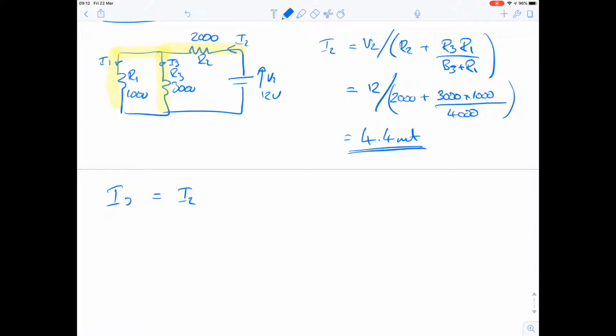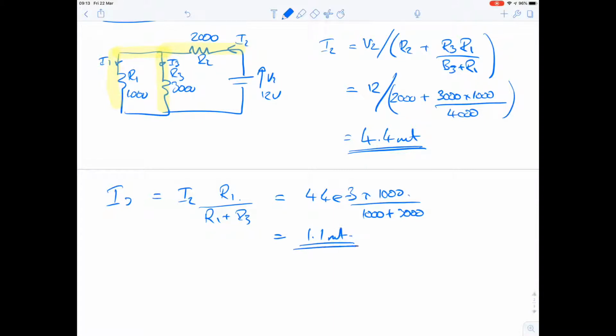Okay, so it's the current flowing in that we just calculated, and this time it's R1 over R1 plus R3. Let's plug in the numbers. That's 4.4 E minus 3 times, this time, 1000 ohms over 1000 ohms plus 3000 ohms. Okay, quick calculation for that one says that's 1.1 milliamps.